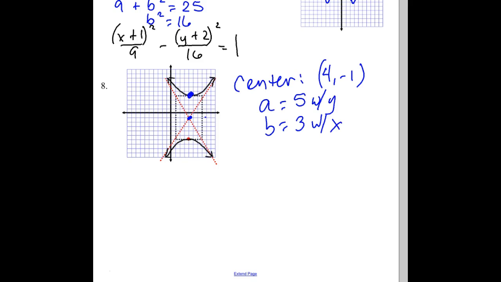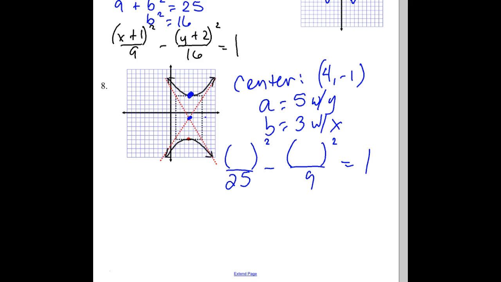And now I just dump it in, right? It's a hyperbola, so we know we need a minus sign in there. We've got something squared on top. What goes in the first position on the denominators? The 25, A squared, and then 9. Okay, and now we just have to figure out, is it X or Y first?